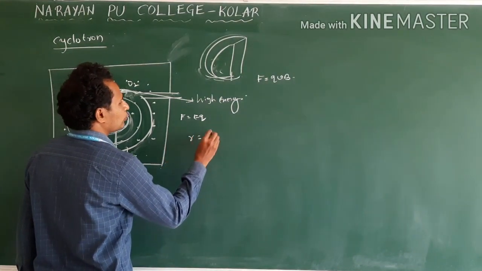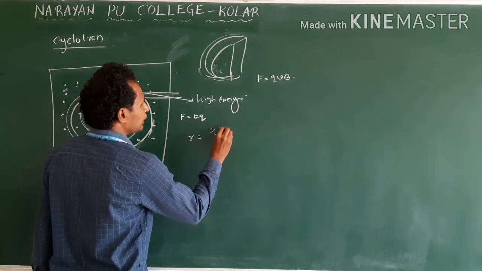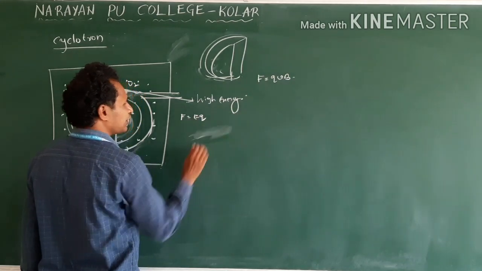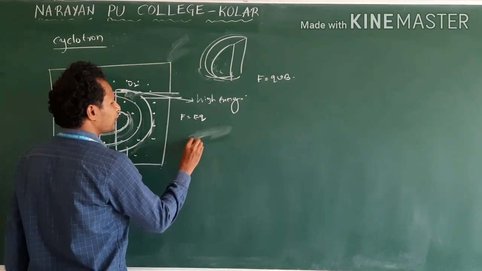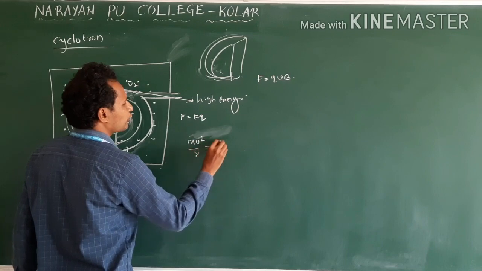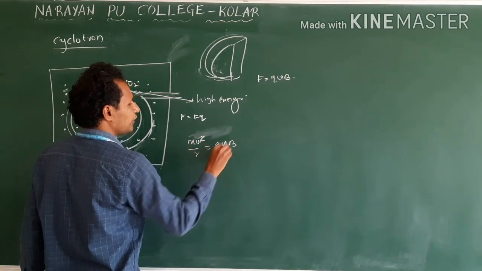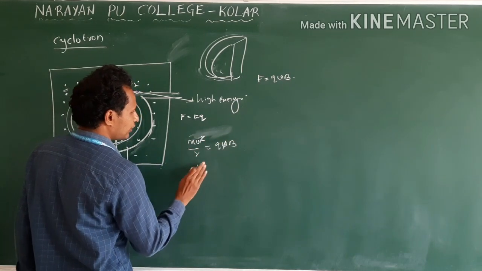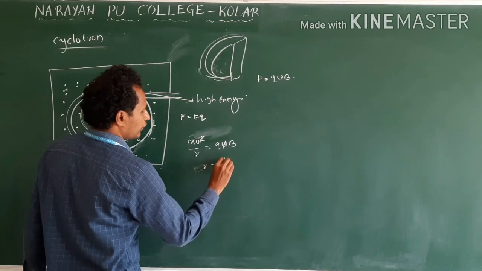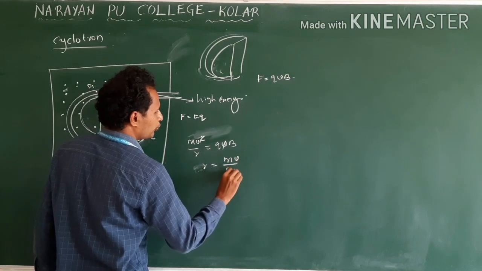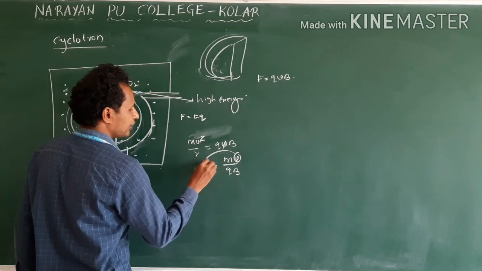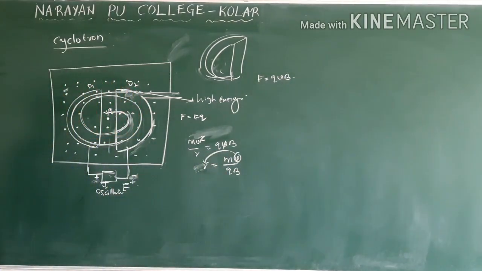What have we already done yesterday? MV square by R is equal to QVB. V B cancels. R is equal to MV by QB. V increases, R increases. Understand?